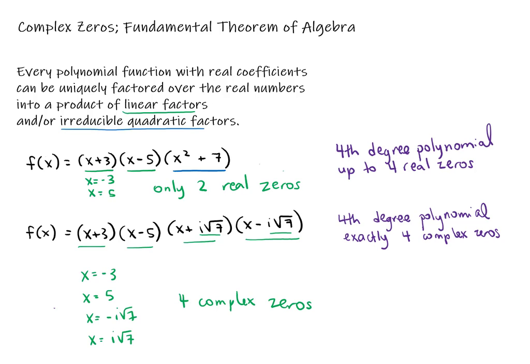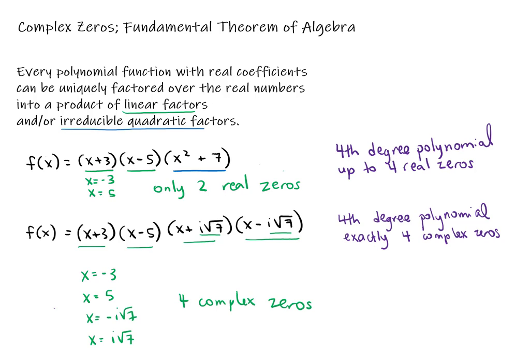Just to reiterate a few theorems that were in this section and the previous section: if you have a 4th degree polynomial, then you can have up to 4 real zeros. Notice in our example, we only had 2 real zeros. We had 2 linear factors and 1 irreducible quadratic factor.